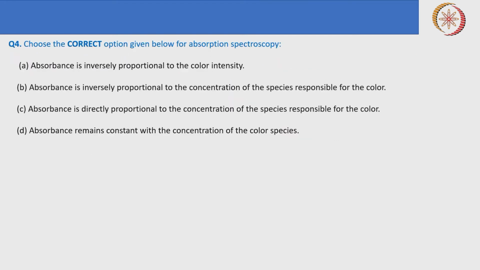Okay, so we'll get to the next question. Choose the correct option given below for the absorption spectroscopy. Going to the absorption spectroscopy, if people have watched the professor's video also, there he has mentioned Beer-Lambert's law.